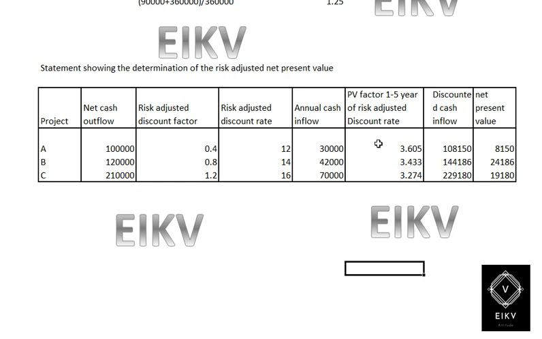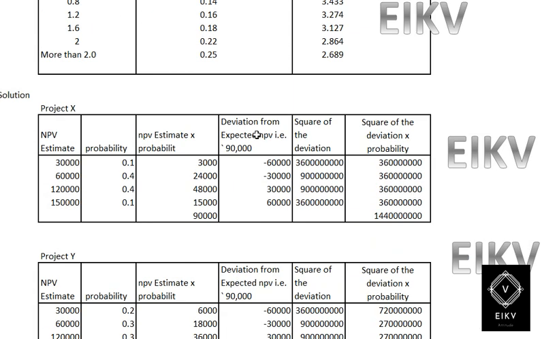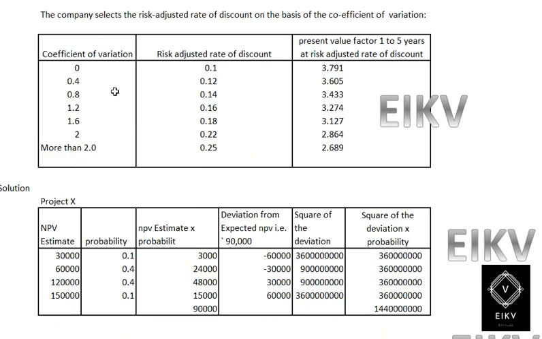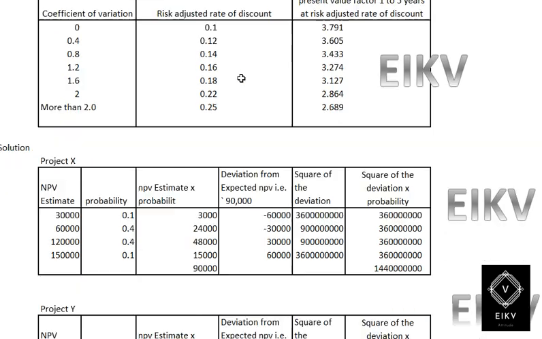The annual cash inflow will be 30,000, 42,000 and 70,000. So here we have been given the risk adjusted discount factor as 0.4, 0.8 and 1.2. When we check these figures in the table, we will get the risk adjusted rate as 12, 14 and 16 percent.